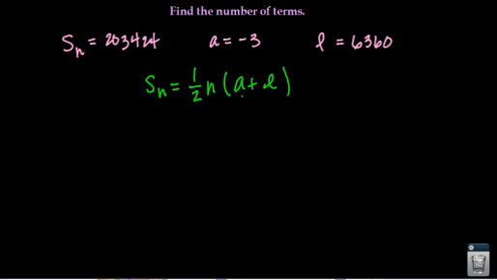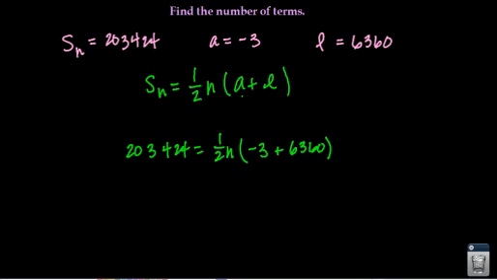So I know the sum of some number of terms, so I'm going to substitute 203,424 in, equals half n, which I don't know. I know that a is 3, and I know L is 6,360.